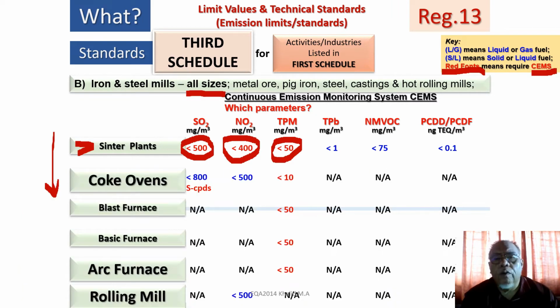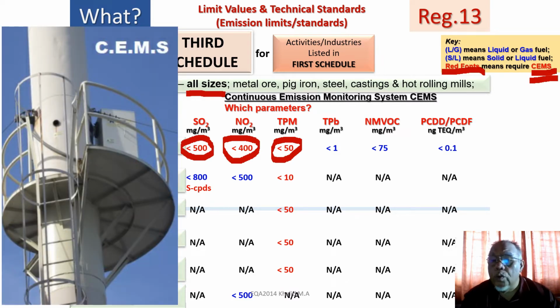What does it mean? For all these parameters, which are sulfur dioxide, nitrogen dioxide and total particulate matter, the law requires them to install continuous emission monitoring system. They don't require CEMS for total lead, non-methane volatile organic carbon, polychlorinated dibenzodioxin and polychlorinated dibenzofuran.